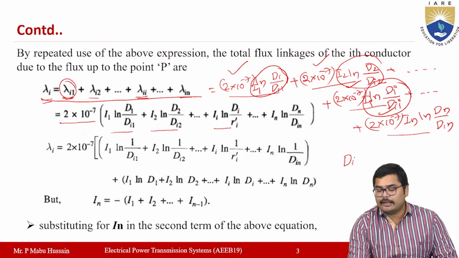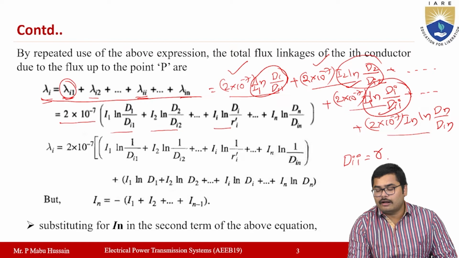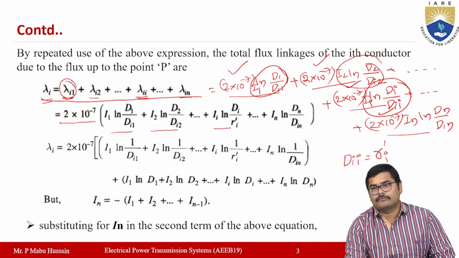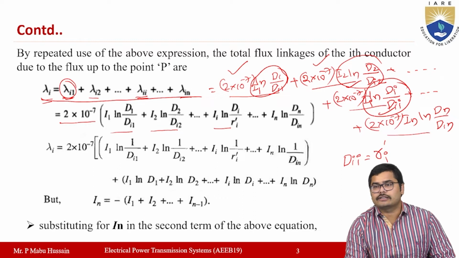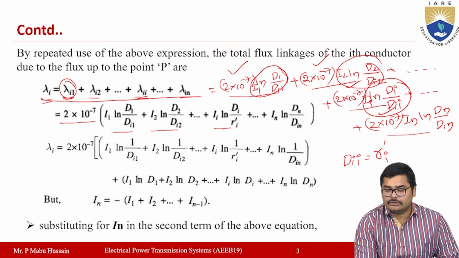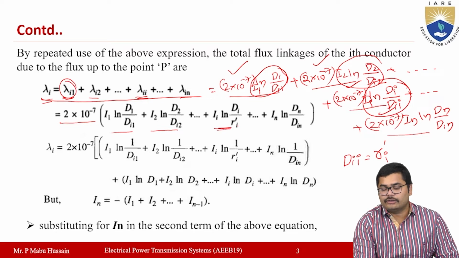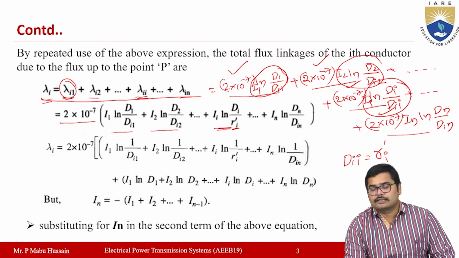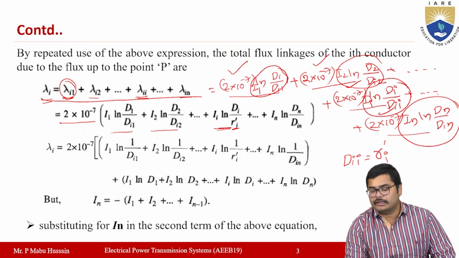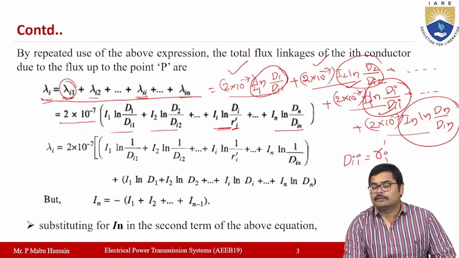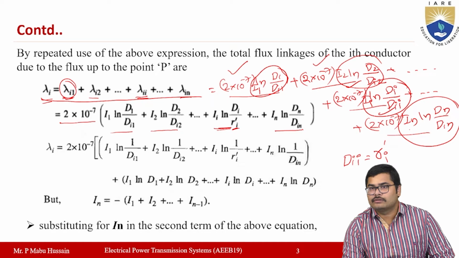Now this dii, the self distance, you can write as ri dash. So in place of dii you write ri dash, plus so on, for the current flowing in the nth conductor, I_n into ln dn by din.